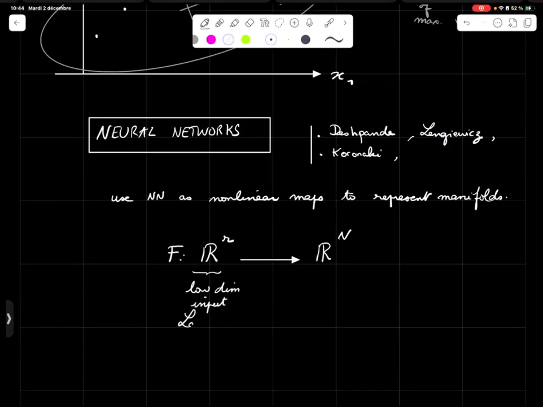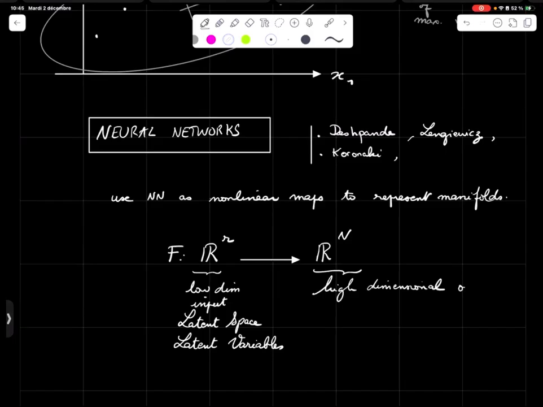Input, people call it also latent space for some reason, or latent variables, to a space of high dimensions, and that is the output.